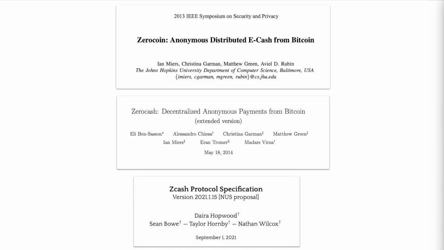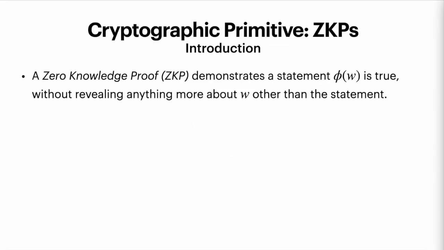To talk about decentralized payment schemes, we are going to need a less common primitive, which is zero knowledge proofs. Basically the idea is you demonstrate a statement, here phi of W is true, without revealing anything more about W other than the statement.